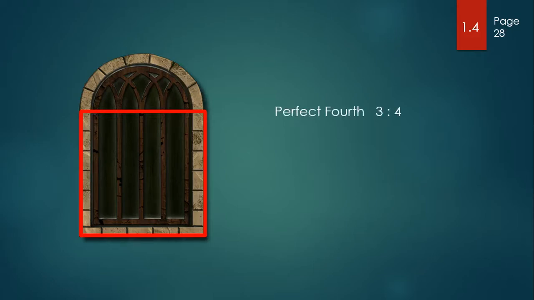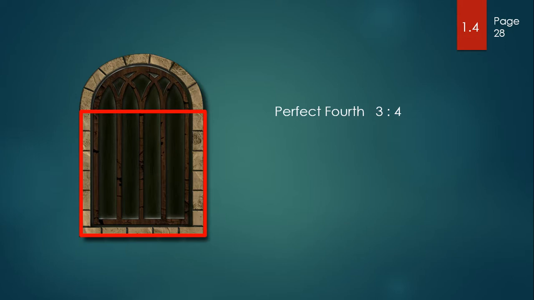If the architect wanted that rectangular part of the window to be in a ratio that was equivalent to a perfect fourth, they would have to decide how long or how wide that part of the building needed to be. And then they could use that value to find the other dimension that they were looking for.